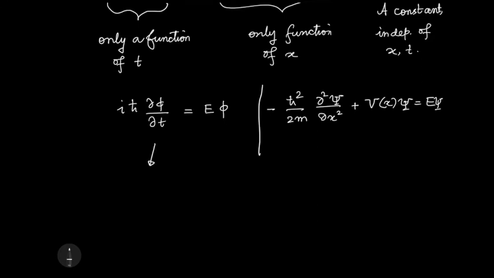You can solve this readily, and a possible solution for this is some phi 0 e to the minus E t by h cross. You can just put this in this equation and you will see that it satisfies.